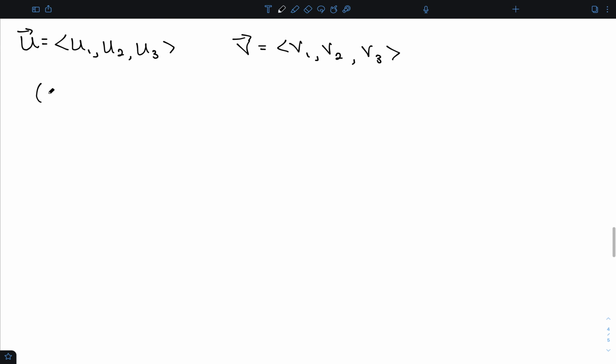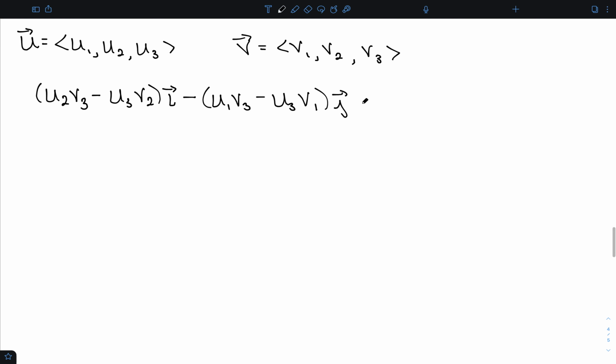The formula for the cross product with two vectors is u2 v3 minus u3 v2 times i, minus u1 v3 minus u3 v1 times j, plus u1 v2 minus u2 v1 times k. And we can use this formula to find the cross product.